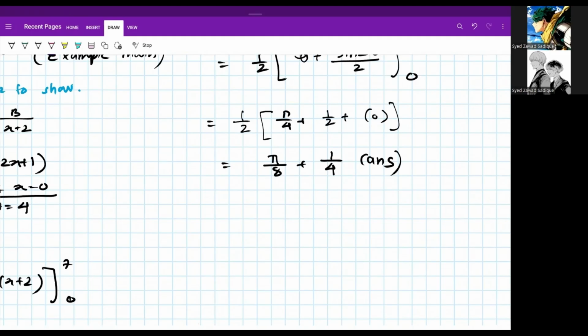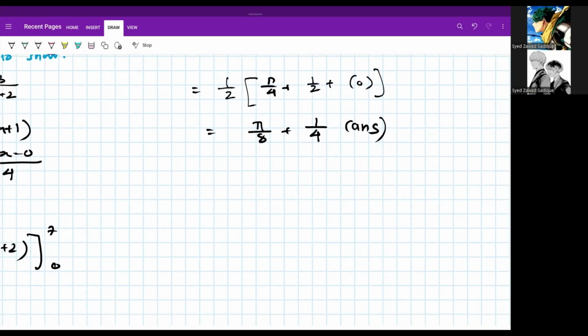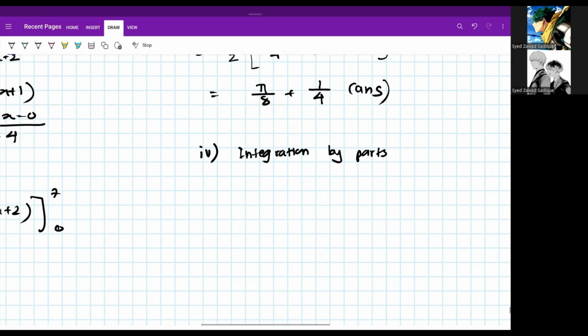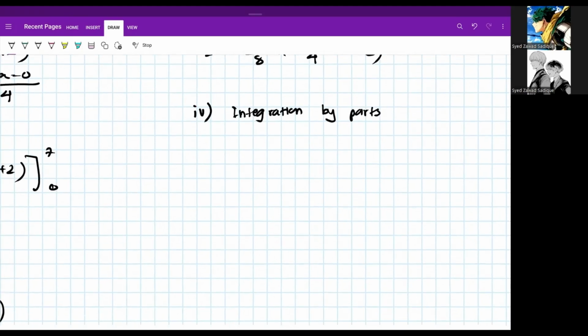Right guys, our next example, number 4, is integration by parts. Okay, now let's start.